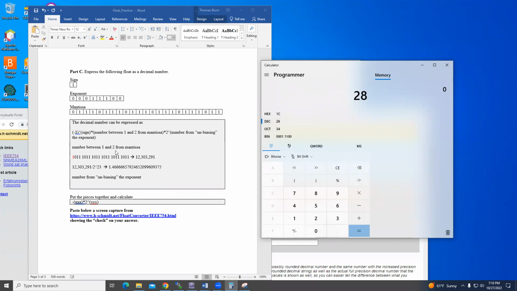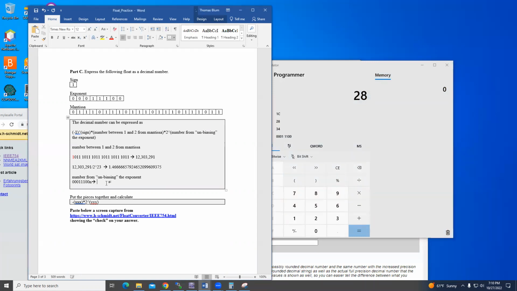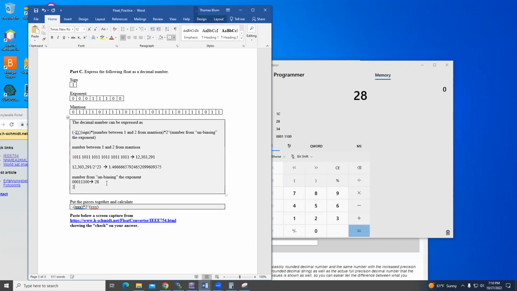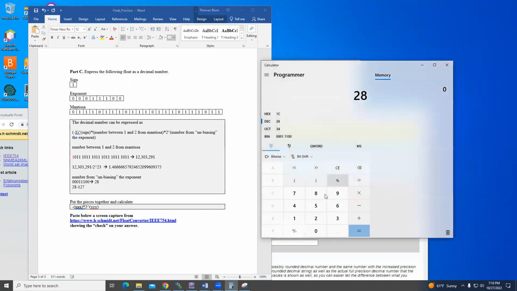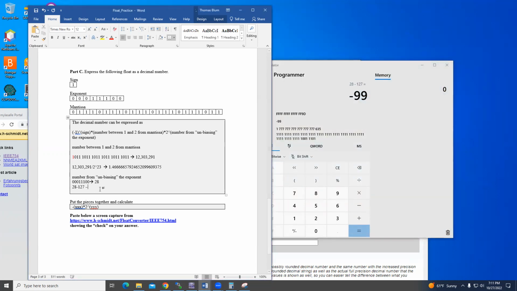It is in decimal 28. So 0.0011100 gives me a 28. And then for 28, I have to unbias it. So I subtract 127. Minus 99.